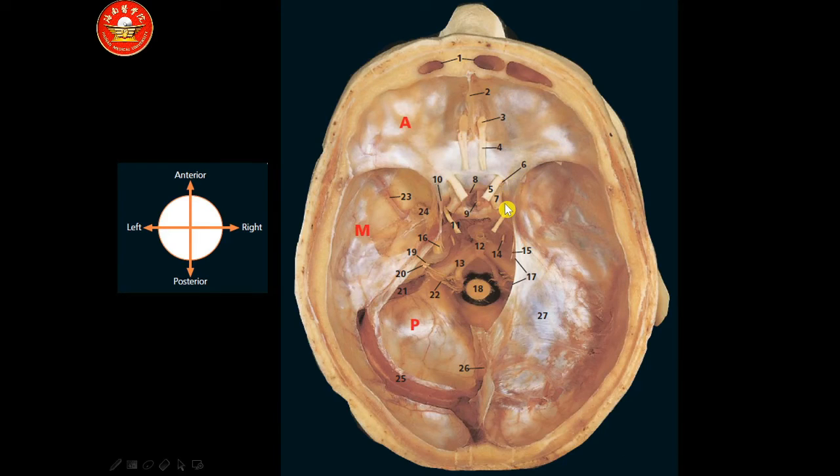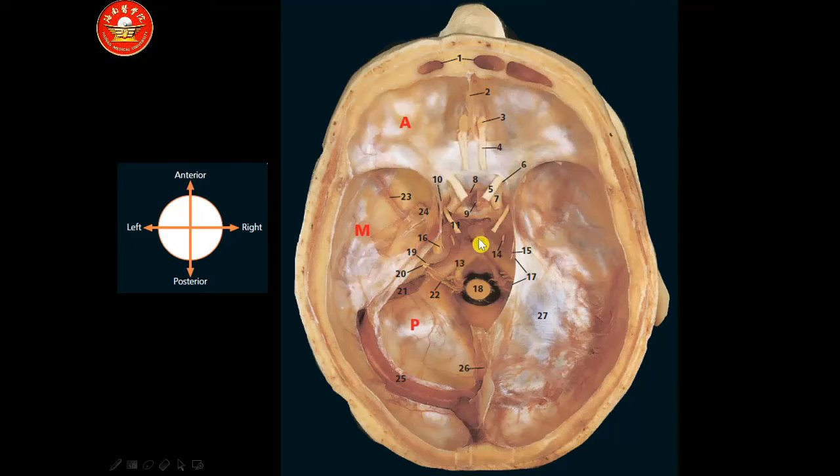Number 7 is the internal carotid artery. Number 8 is the diaphragma sellae. Number 9 is the infundibulum. Number 10 is the anterior clinoid process. Number 11 oculomotor nerve.